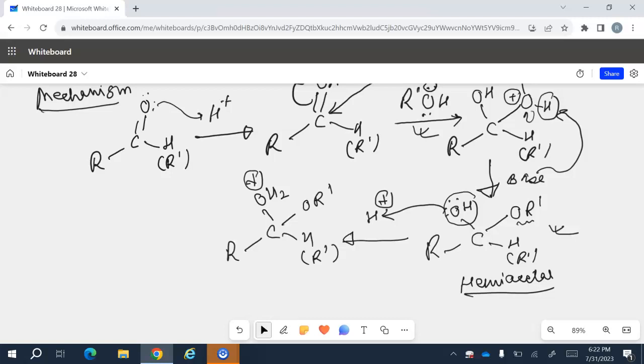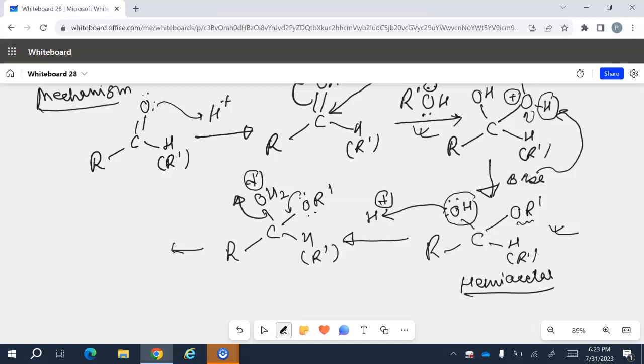And now you can make this water leave, so you can use that lone pair of electrons from this oxygen to make the double bond, and this water can leave as a leaving group.